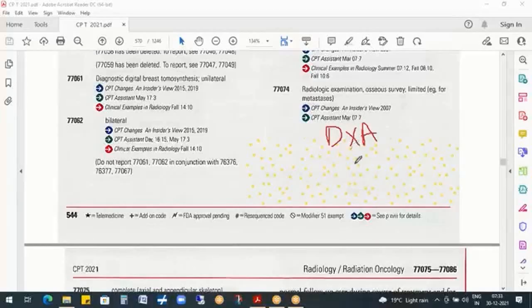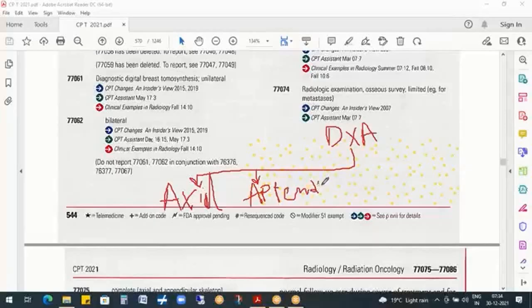Where is it performed? First point, axial skeletal. Second point, appendicular.